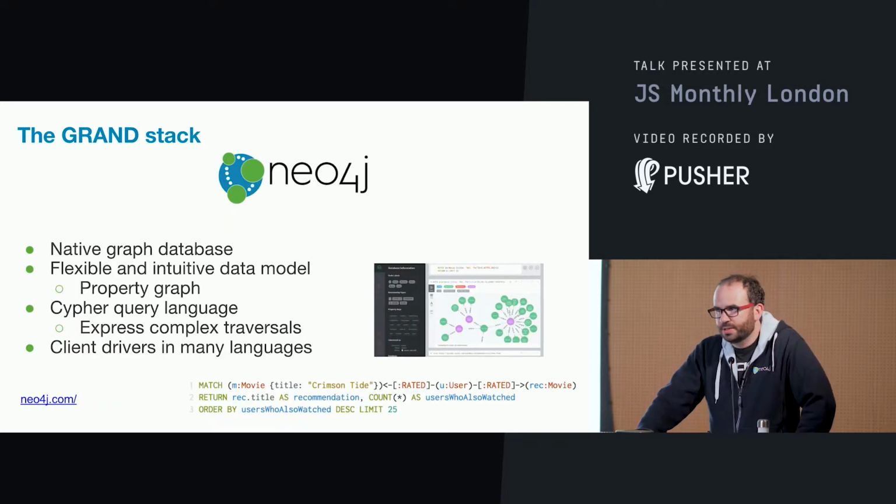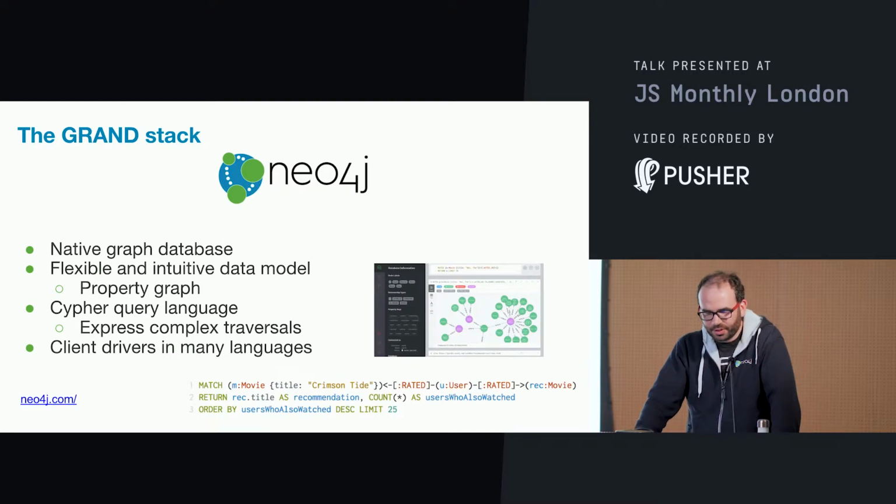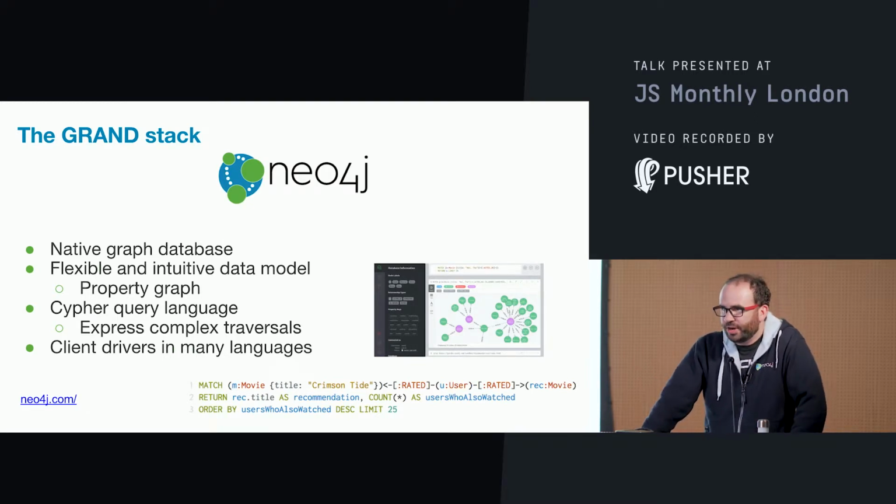And then the final component is Neo4j database. How many people have used Neo4j? Okay, a few. So Neo4j is a native graph database. What that means is that we use the property graph to store, model, and query data as a graph. So nodes are the entities in the graph. Relationships connect them.